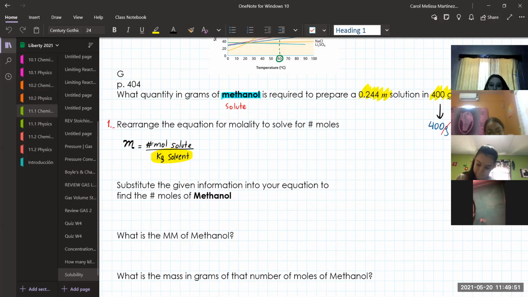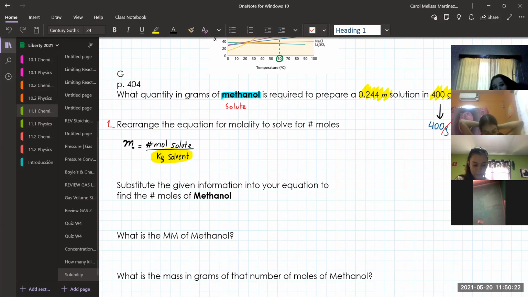Now, it says rearrange the equation for molality. In your book, it appears molarity, but it's not involved in the equation, because the problem tells you about molal concentration. Main difference, this is molarity, and this is molality. It's different. So the problem gives you molality, which means that is the equation that you have to use.